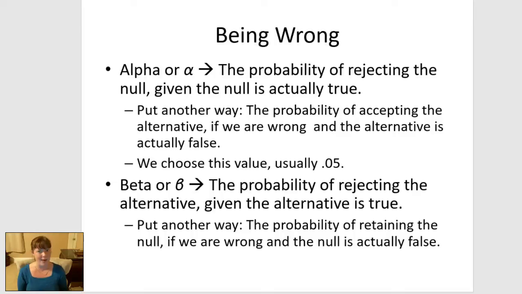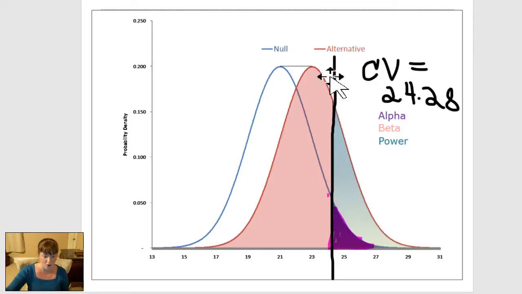Another way to understand beta: yes, beta is this area on this curve, right? Beta is this whole pink area here. If the alternative is true, this is the probability that we're not going to go with the alternative, because any averages over here, we're going to fail to reject the null. And if the alternative is right, that's a huge bummer.